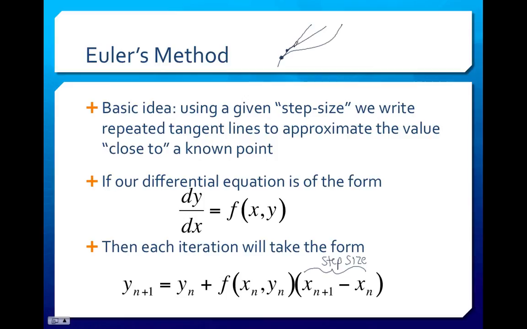Then I'm going to go a little further in the x direction and rewrite it with the new slope. So it's basically taking tangent lines in little itty-bitty steps that should kind of follow the path of this function. And it's going to give me a much more accurate approximation than if I had just used one tangent line. This drawing is awful, but I'm hoping that made a little bit of sense.